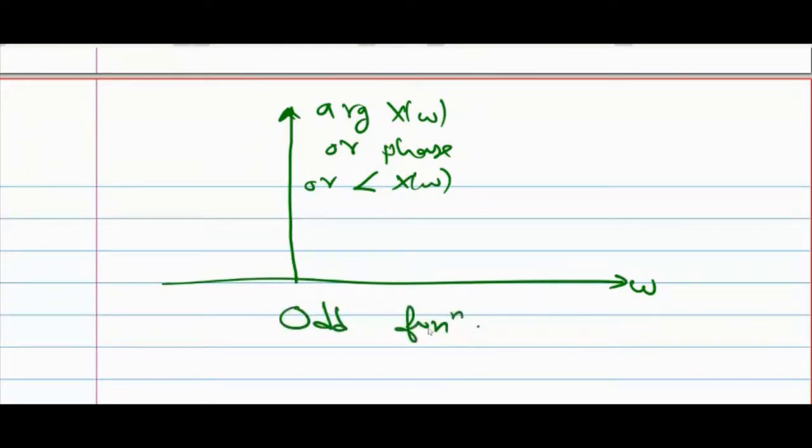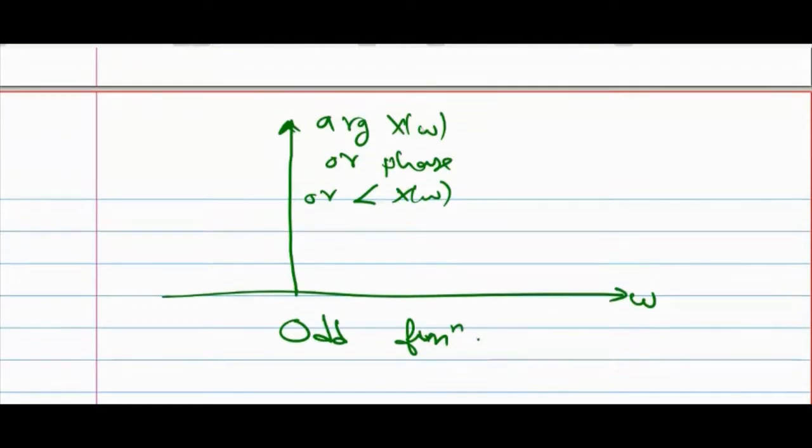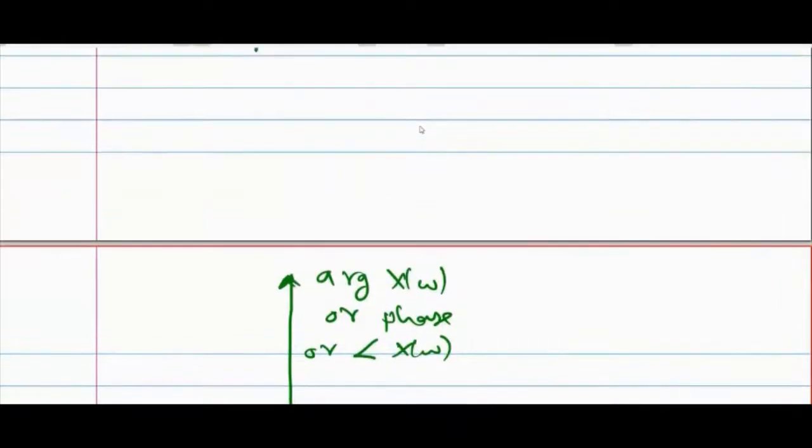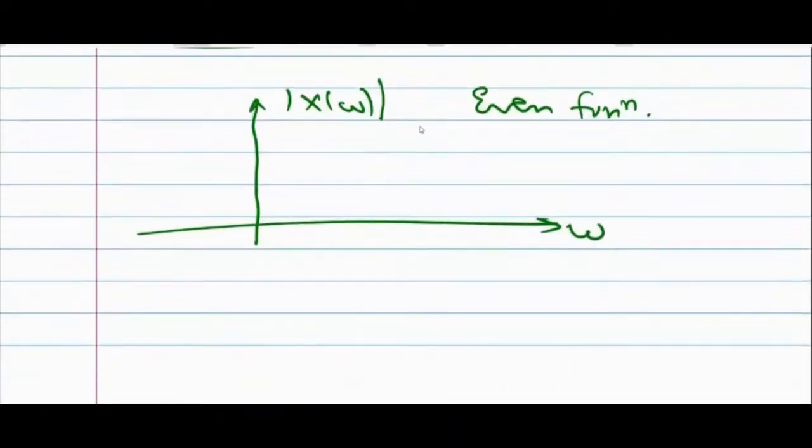Always, if I give you any Fourier transform and you try to plot its amplitude spectrum and phase spectrum, then definitely the amplitude spectrum will be an even function. Even function means symmetry will be in the first and second quadrant: the first quadrant will be the same as the second quadrant, and the third quadrant the same as the fourth quadrant.